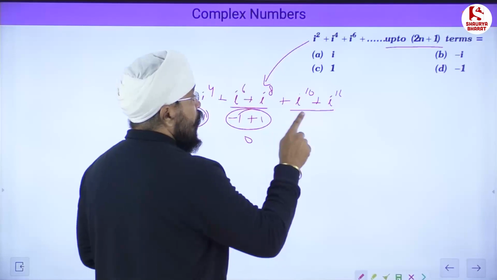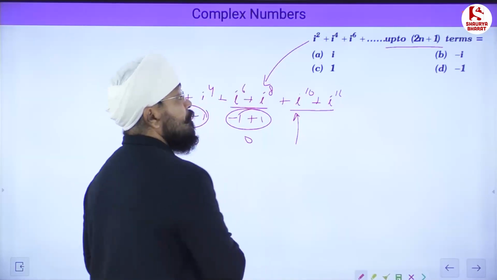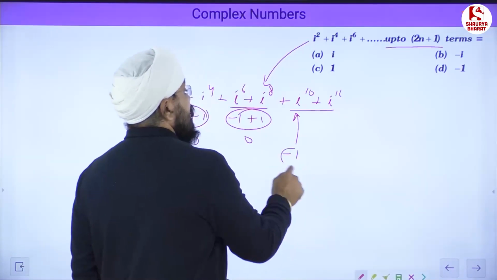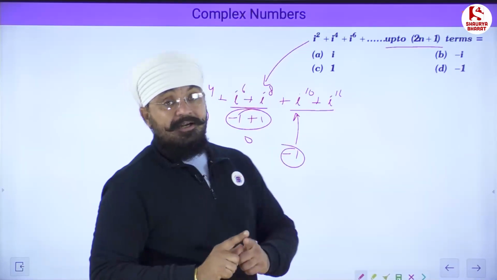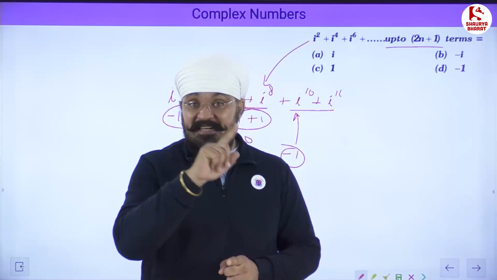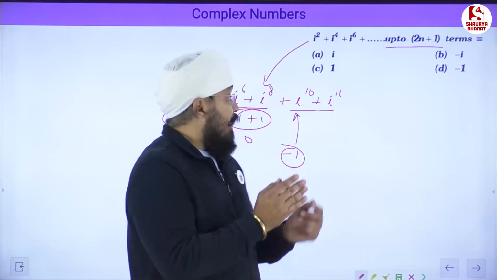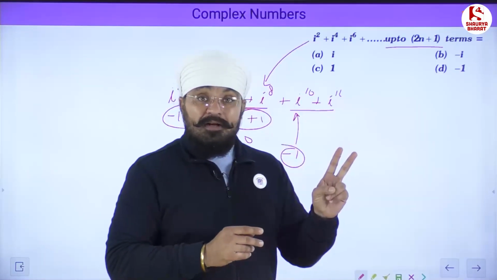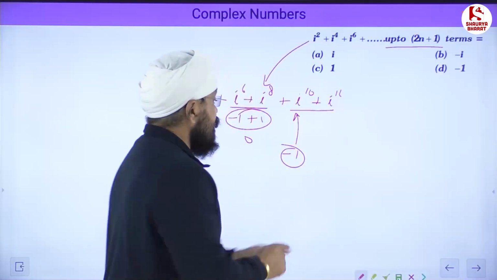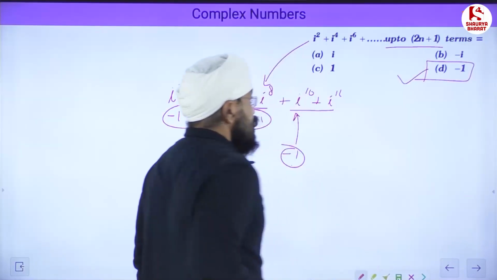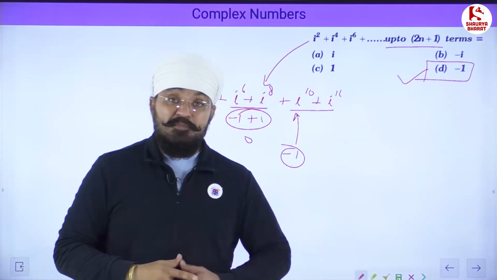And when we say an odd number of terms, this term will come into existence. So iota to the power 10 will give you minus 1. Whenever we take one more than that, a multiple of 2 will come, which is not a multiple of 4, so this will always give you minus 1. So the result here is D. For this particular question, the result is minus 1.